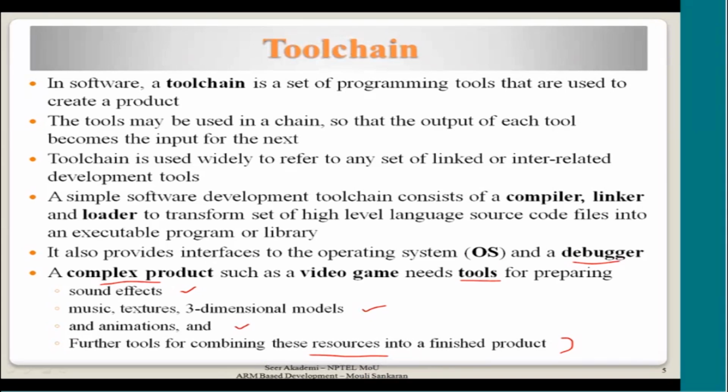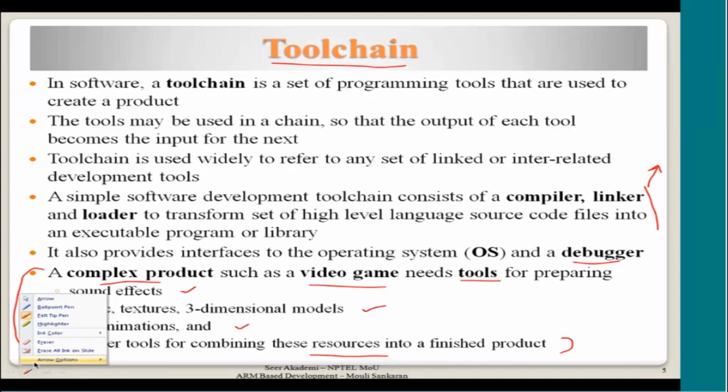So this is also a toolchain as far as video game development is concerned. So a toolchain is not specific to only the compiler and linker. It could be a toolchain for developing a video game, where you will have different kinds of tools connected together to generate an output product. In a typical compiler and linker, the output product could be a library or an executable.